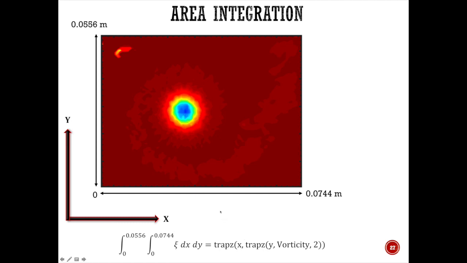Okay, just keep in mind that these x and y are vectors and not matrices. All right, so take the first x-axis column or row, or y-axis column or row. Make sure that you integrate with respect to x and y as vectors. Okay, and when you do that, you will actually get the value of circulation.